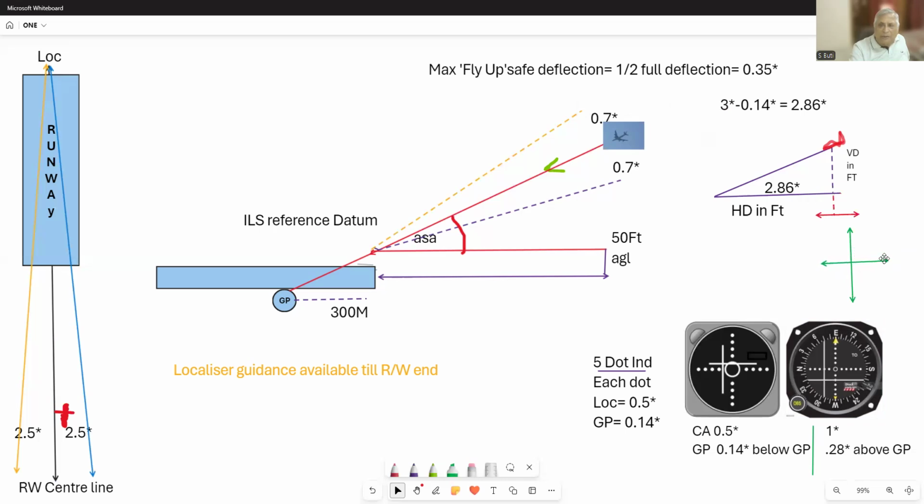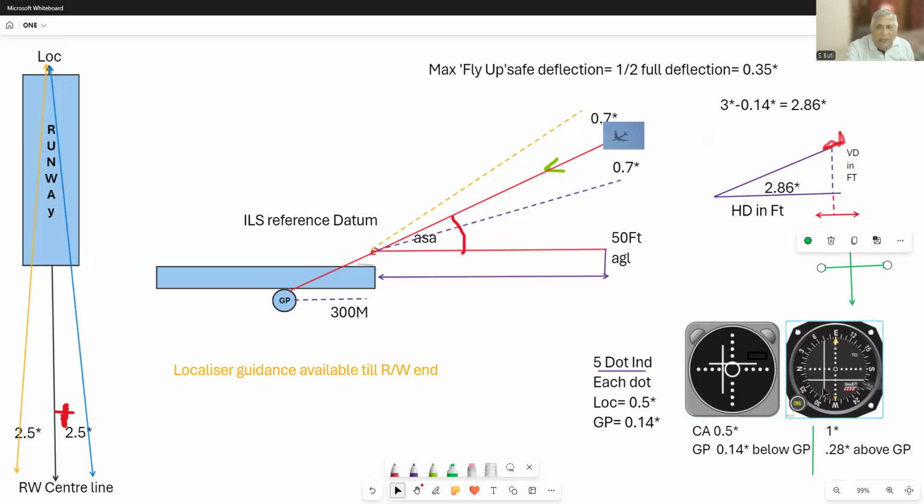And in some cases like these two, the needle moves left and right and up and down, and they serve the same purpose. Fine. From the number of dots, you can find out where you are with respect to your glide path or the center line of the runway.